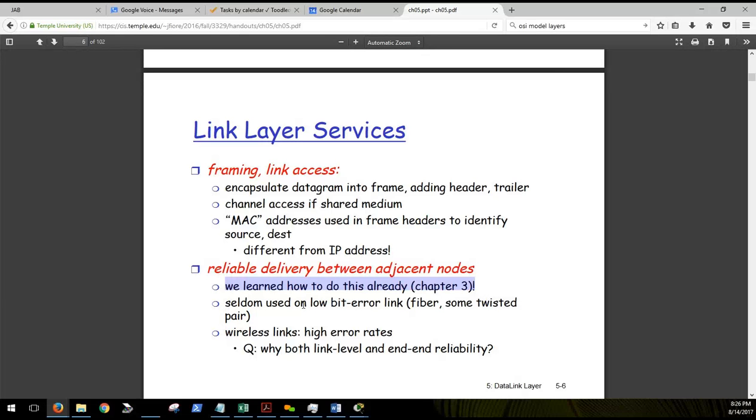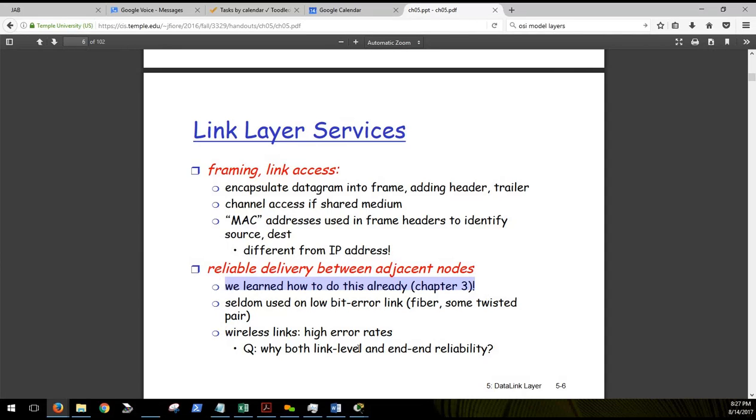Now, for connections that have a low bit error rate, very few errors, such as fiber and some twisted pair, we don't often use this capability. However, with wireless links, because there is a high error rate, we would use these techniques to ensure reliability.